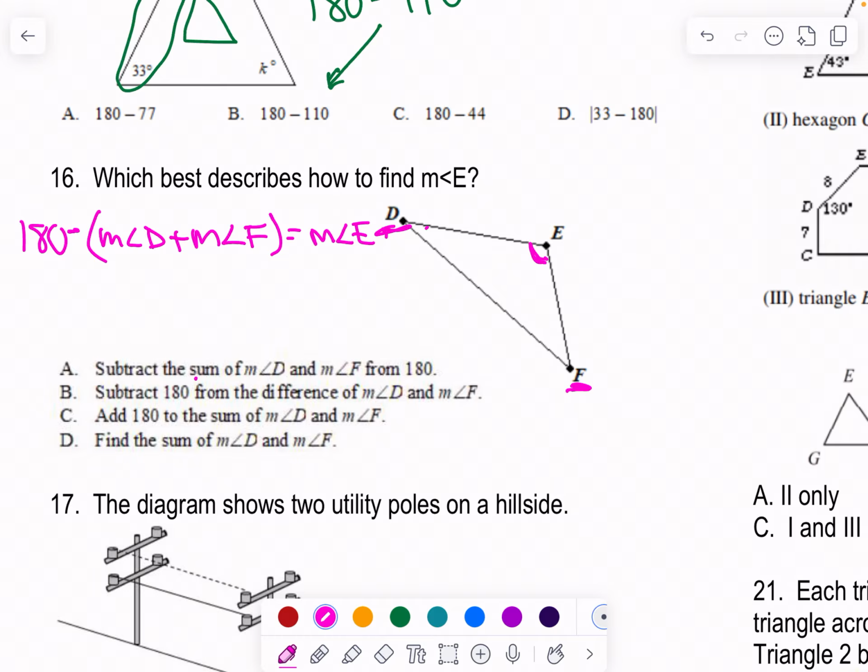So here's the sum of D and F. That's what this part is. And if we're subtracting it from 180, 'from' means it goes second. So it would have to be A. So from 180, that's it.